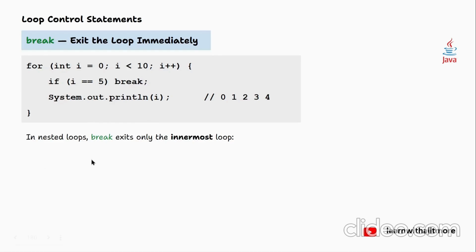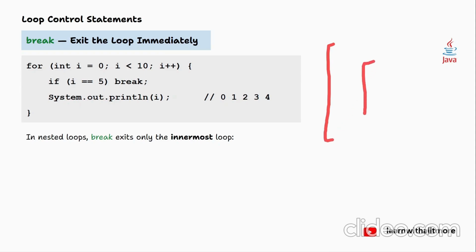Okay. Now, next thing I want to tell you is, if you are using a nested loop, and inside the nested loop, if you are using break, it is just going to break the nearest loop. Okay. In nested loop, break exits only the innermost loop. Understand it carefully. This is the outer loop.